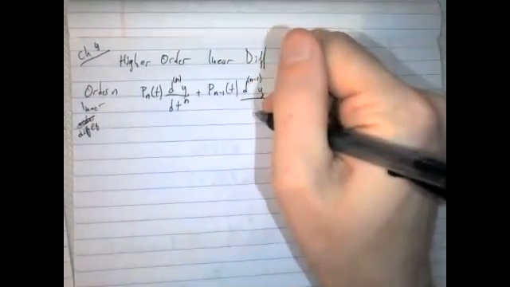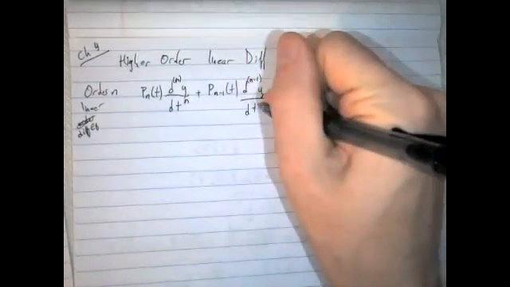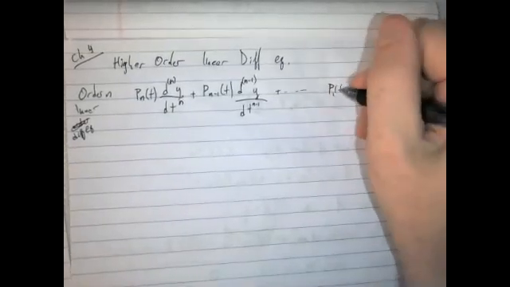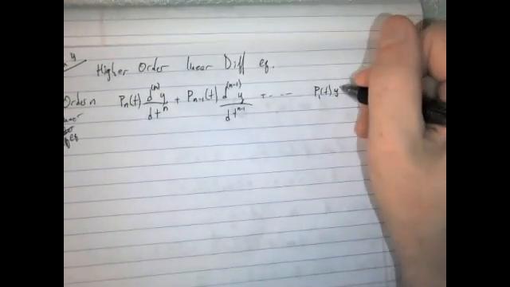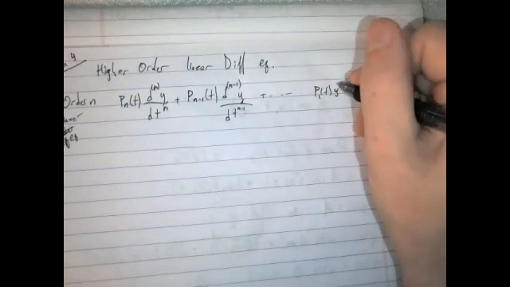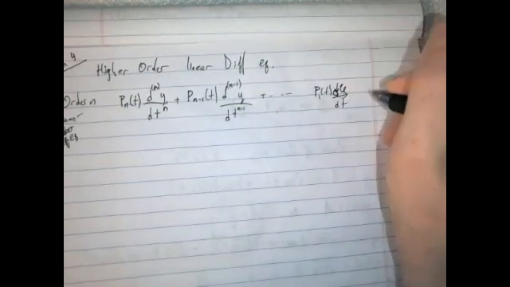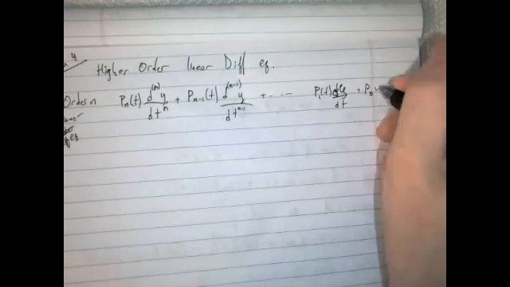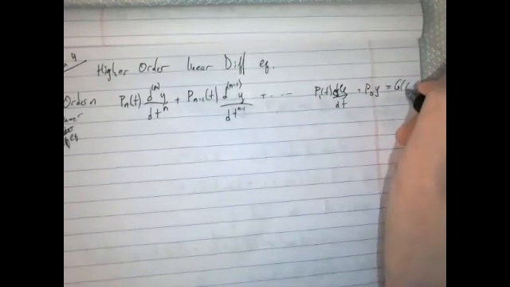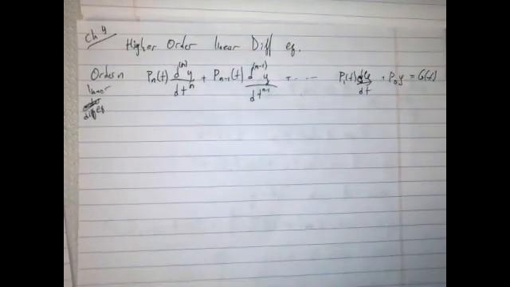N minus first derivative of y with respect to t, all the way down to some function p1 of t times the first derivative, dy over dt, plus p0 times y being equal to g of t. Right? This is not unexpected at all. This is exactly what we expect from an nth order linear non-homogeneous differential equation.